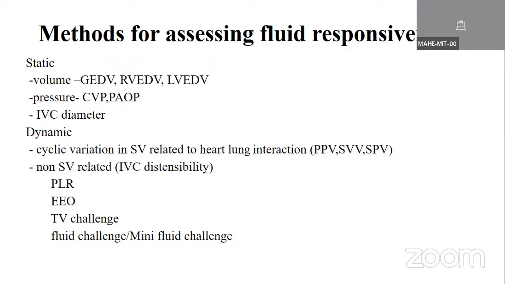Dynamic parameters use cyclic variation in the stroke volume in relation to heart-lung interaction. Based on stroke volume, we use pulse pressure variation, stroke volume variation, or non-stroke volume related measurements, that is IVC distensibility and others. Other tests are PLR, end expiratory occlusion test, and tidal volume challenge test. I will tell about each one in detail.